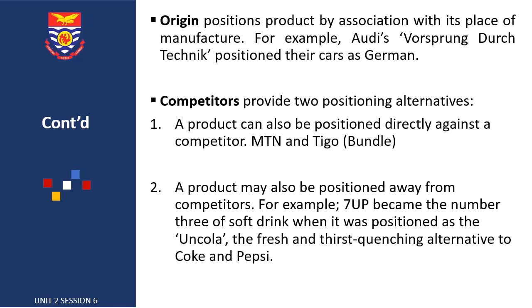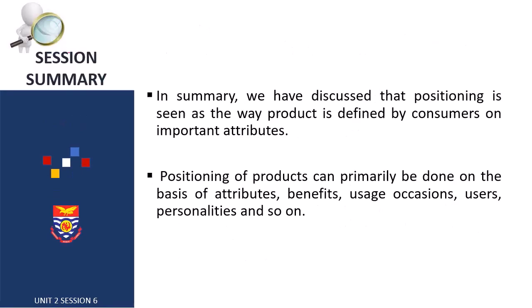So they said their product doesn't have cola, it's uncola, and because of that they have positioned customers to make a buying decision. The fresh and thirst quenching alternative to Coke and Pepsi makes people go in for 7-Up.